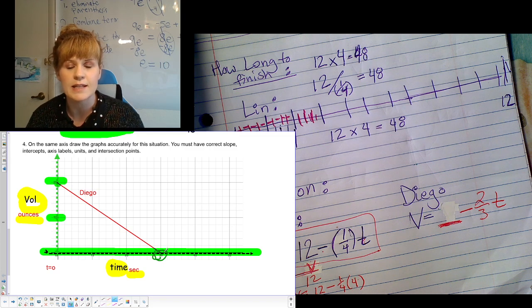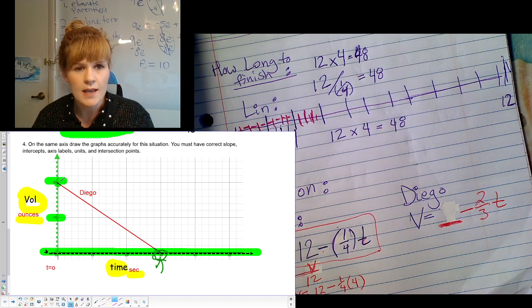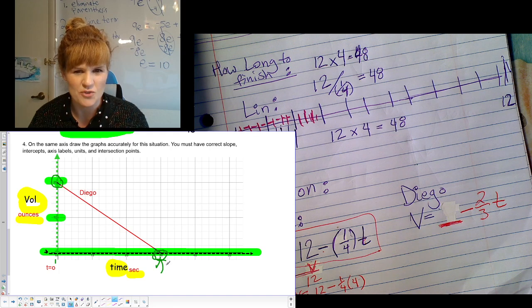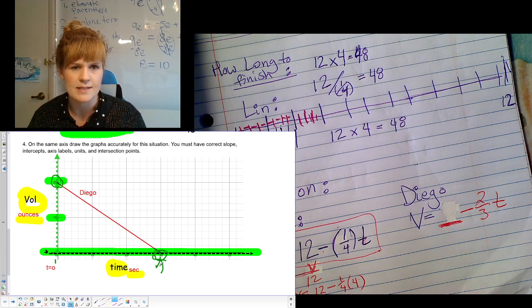Your line is going to end exactly there for Diego. Let me summarize. Diego starts with 20 ounces at time equal to 0. And then after 30 seconds, he has 0 volume left. He drank it all. So that's on the x-axis.